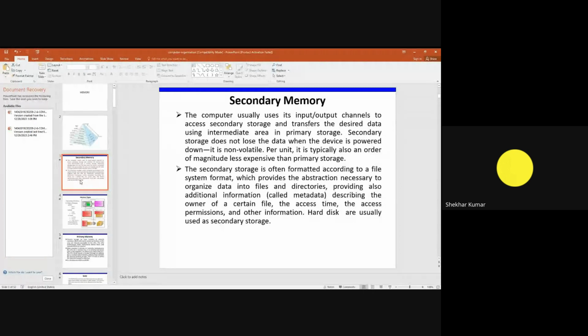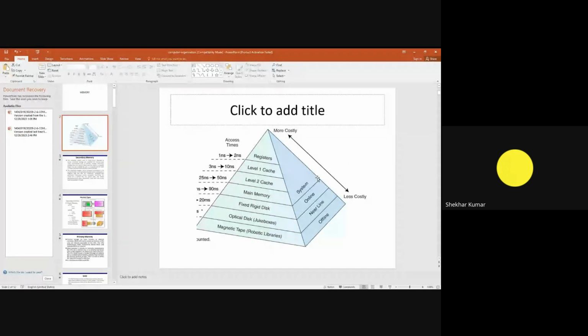So according to your access time, your capacity, and your performance, the memory hierarchy is used. As we move from top to bottom in the hierarchy, the capacity increases. And the access time also increases in the hierarchy, but the performance decreases from top to bottom, because the performance depends on your access time.